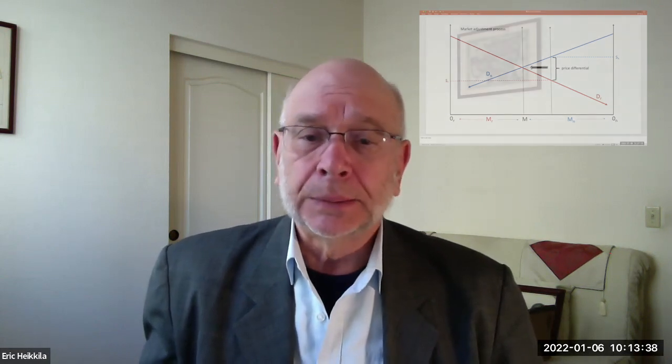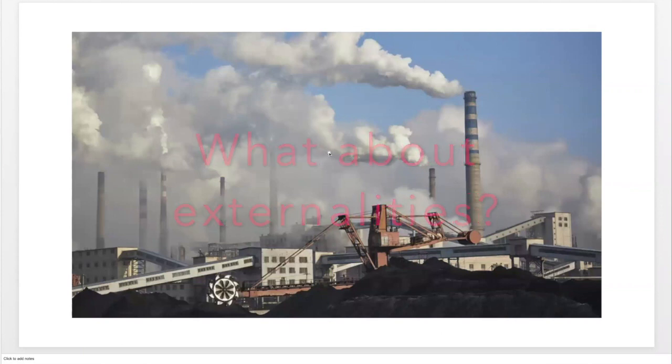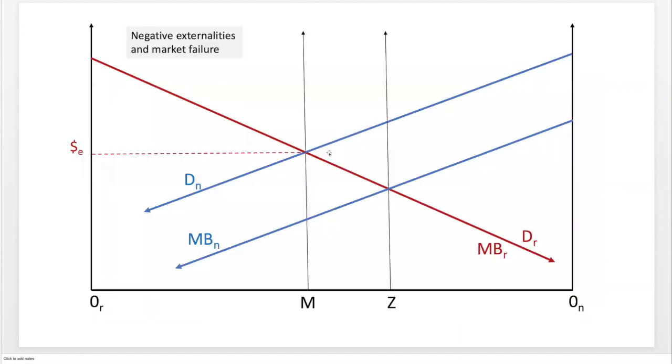But what about externalities? Now, really, we're thinking about what about market failure? Market failure arises when the market demand curve does not reflect the true underlying social costs or benefits.